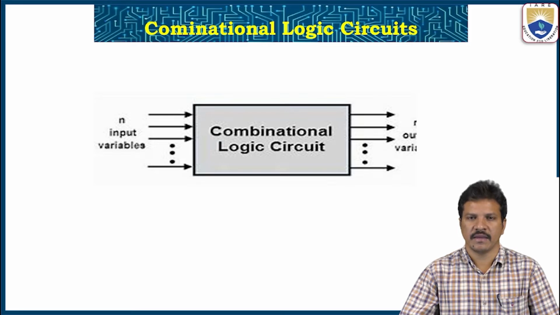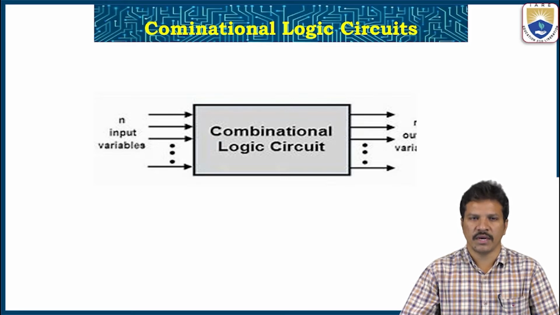Let us see what a combinational circuit is and how those fundamentals will help us to design examples of combinational logic circuits. We know that any digital circuit is either combinational or sequential. The definition of a combinational circuit is a circuit whose present output depends upon present input only.